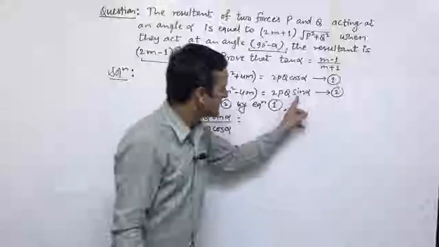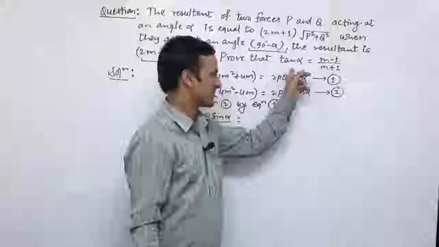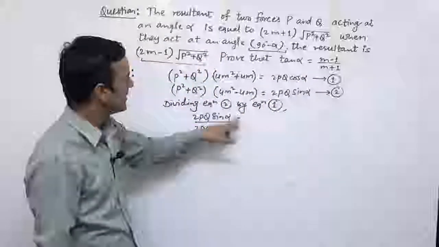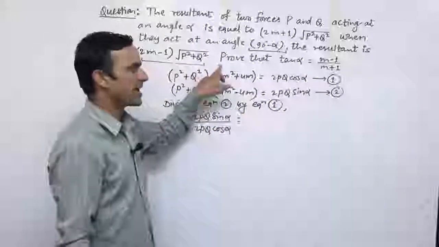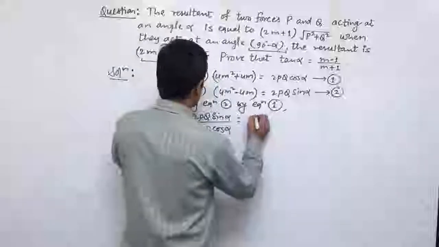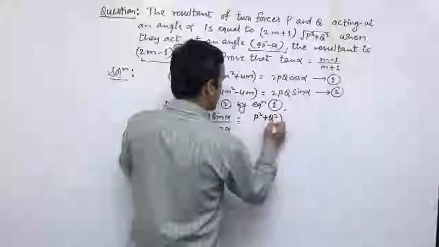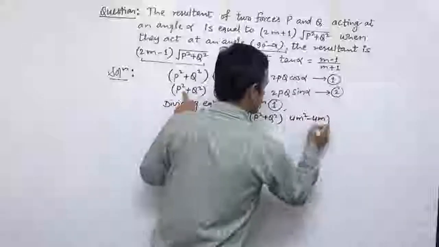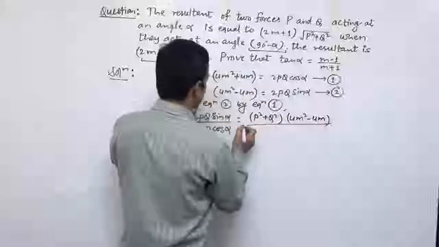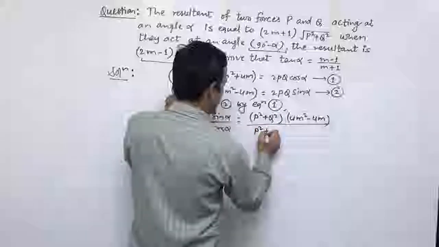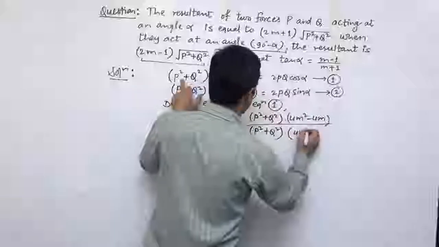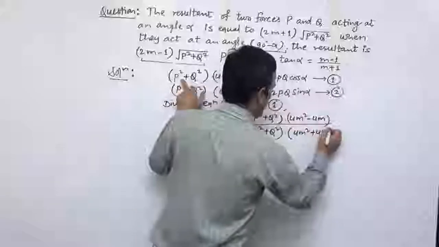So here this divided by this, that means RHS divided by RHS is equal to LHS divided by LHS. So write down the LHS: (P square plus Q square) into (4m square minus 4m) divided by (P square plus Q square) times (4m square plus 4m).